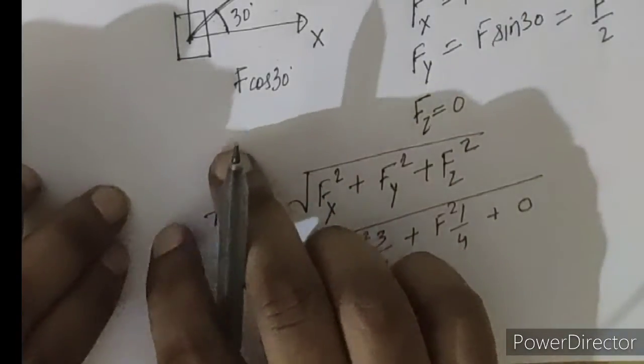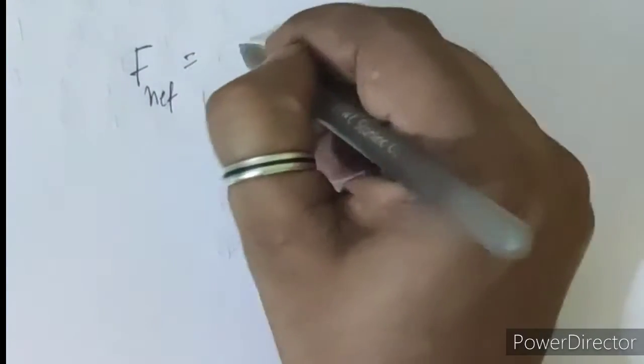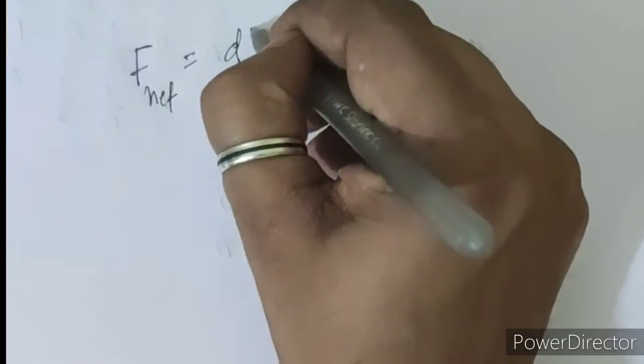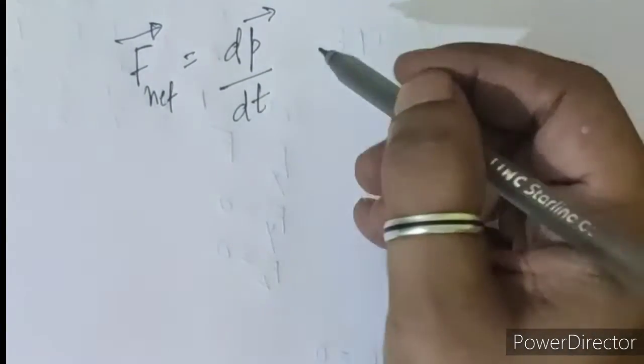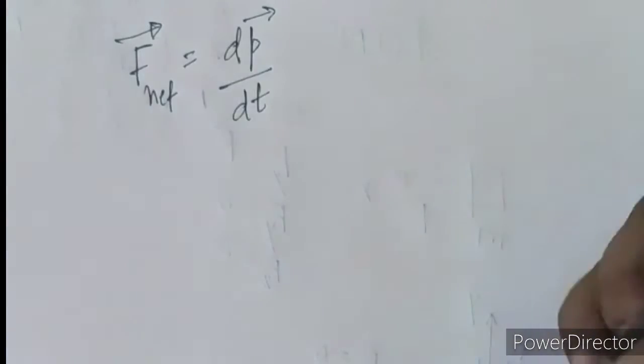I will also talk about the definition in terms of momentum. So the net force being applied is the rate of change of the momentum vector with respect to time. Keep in mind this is a vector quantity.